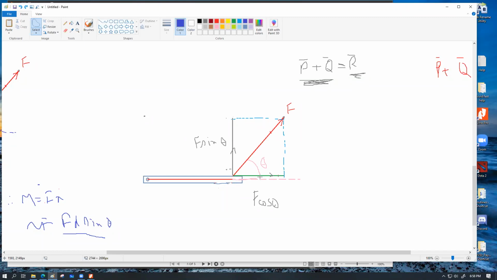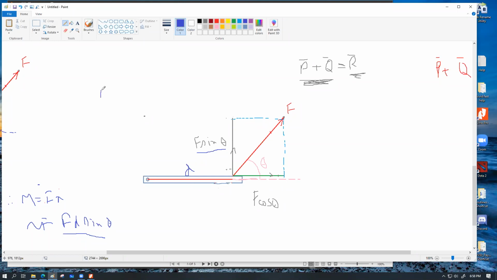What I'm trying to say is that this force F sin theta is working perpendicular to the line. So let's say this is the distance d, and this force F cos theta is working along the axis of the object, which is not going to produce any moment whatsoever, because F cos theta has 0 perpendicular distance with the pivot.